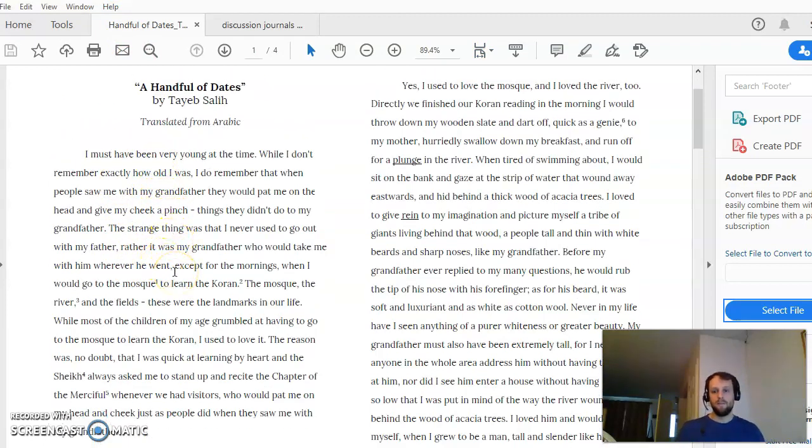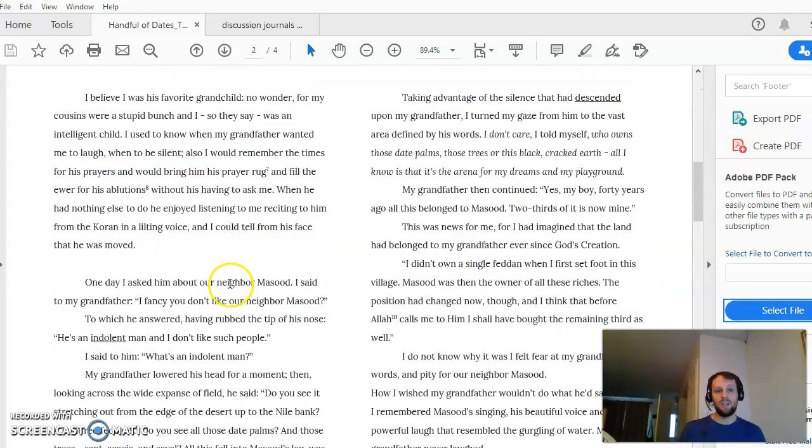And this first page and then the first paragraph on page 2 do give us a decent amount of information on the boy, what the boy likes to do, what his hobbies are, how he sees the grandfather, how he sees himself. And on the second page here, the first paragraph is one of the places where the boy declares something about himself. So you want to read that paragraph.